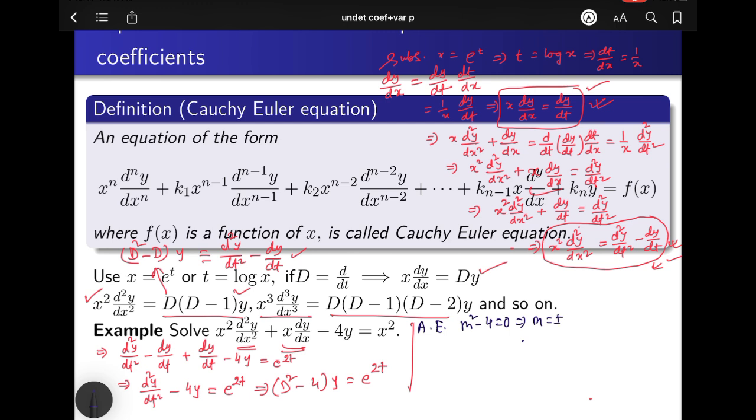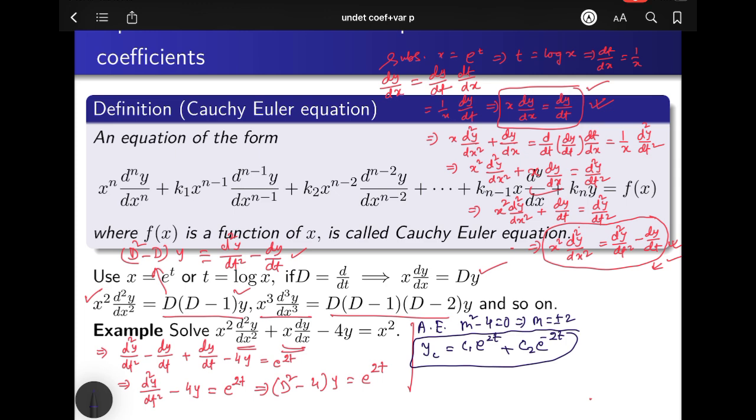So from here m is equal to plus minus 2, that is yc is equal to c1 e power 2t. Here see, the independent variable is t, not x, plus c2 e power minus 2t, that is yc. Okay, yc we got.